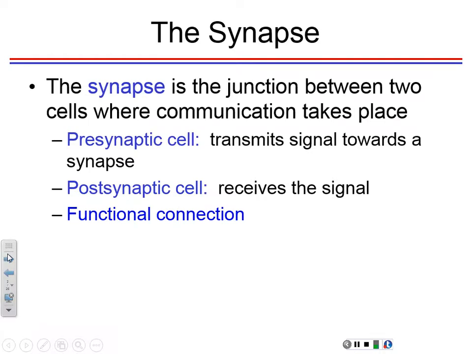What happens is that the next cell could either be excited or inhibited, all right? And then we'll talk about those two scenarios, and which ions and which protein channels are involved when there's an excitation, and which proteins and ions are involved when there is an inhibition, all right?